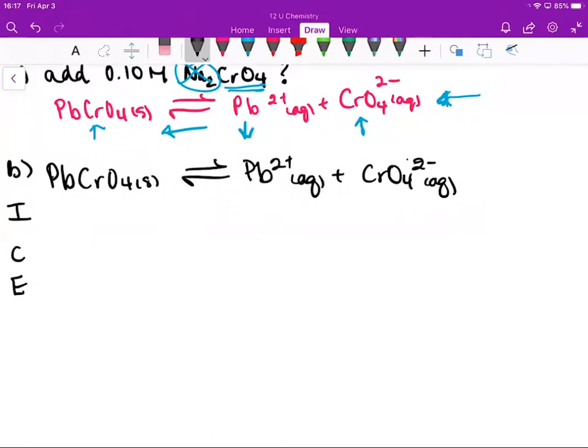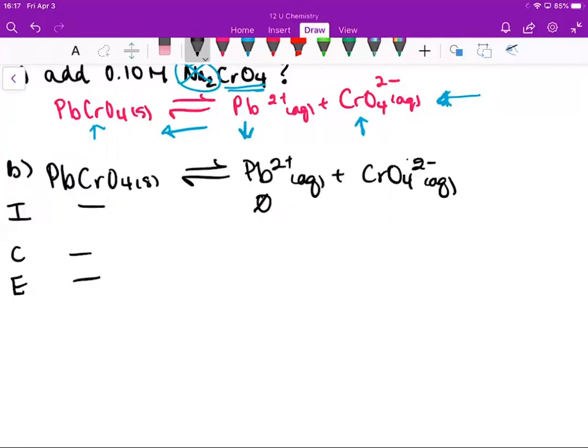And when I set up my ice table, again, I do not care about the solid. But now let's think about what's going on. If I was going to dissociate lead II chromate, I'm going to have 0 concentration of lead. However, it's saying that we're going to dissolve it in a 0.1 molar solution of sodium chromate.